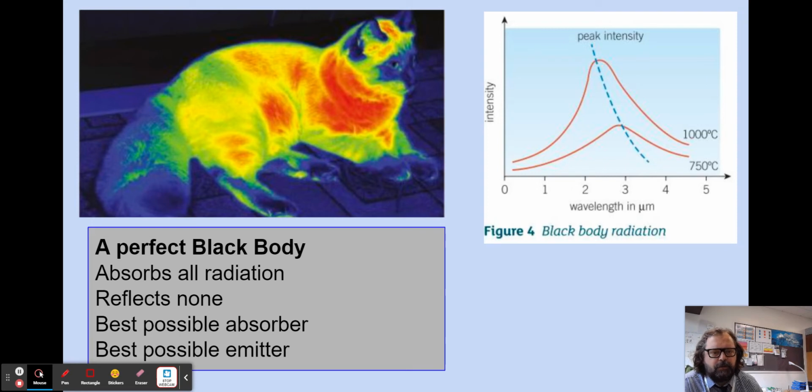Notice that they both have a shape with a peak in the middle, but the 1000 degrees line has a much higher, much taller peak, and the peak value of wavelength is shifted towards smaller numbers. So the hotter an object is, the more intense every wavelength is that is being given out, and also the peak intensity is at a smaller wavelength than at lower temperatures.